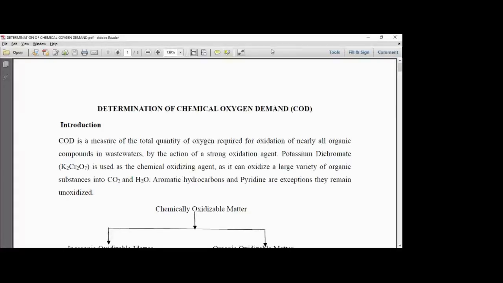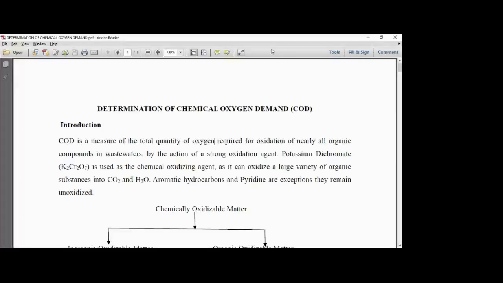So oxygen is required for oxidation of all that organic matter, and how much oxygen is required, that I am going to calculate. If the oxygen requirement is more, my wastewater will be more polluted. If the oxygen requirement is less, my water will be less polluted.